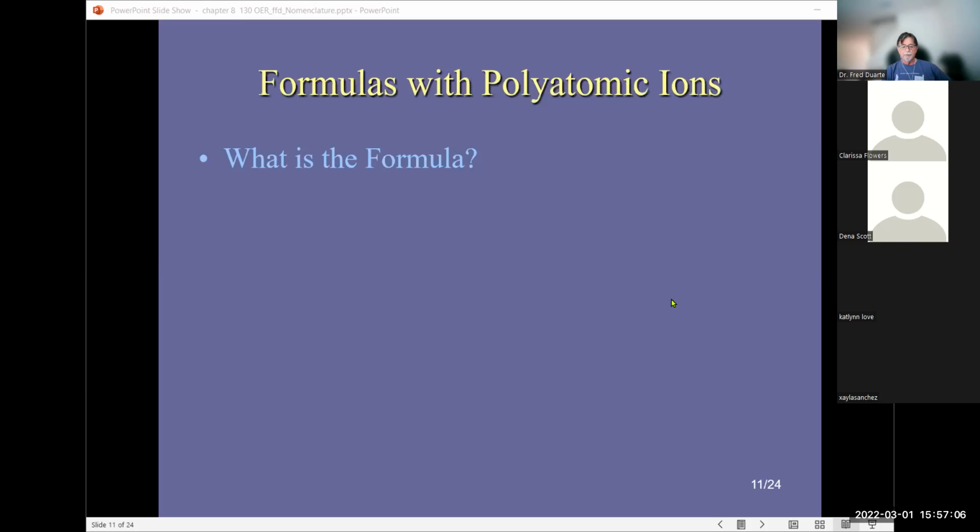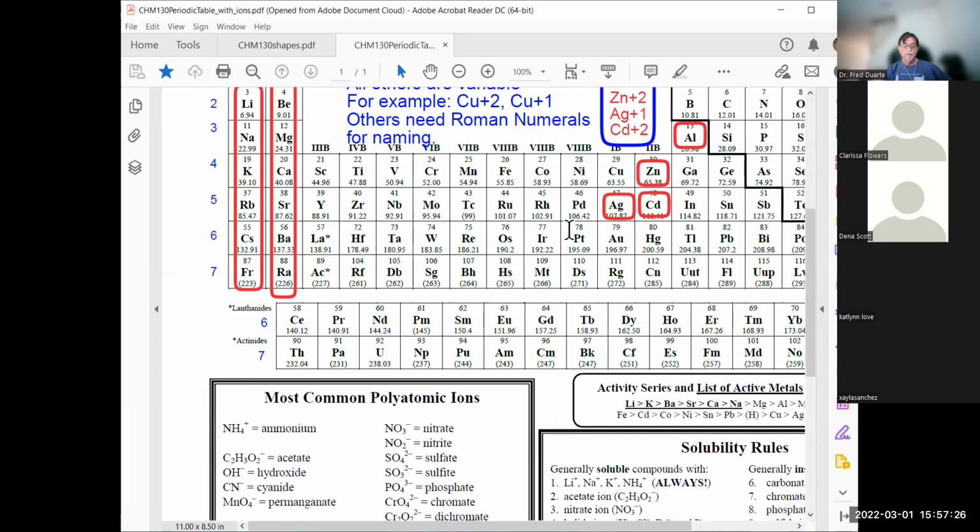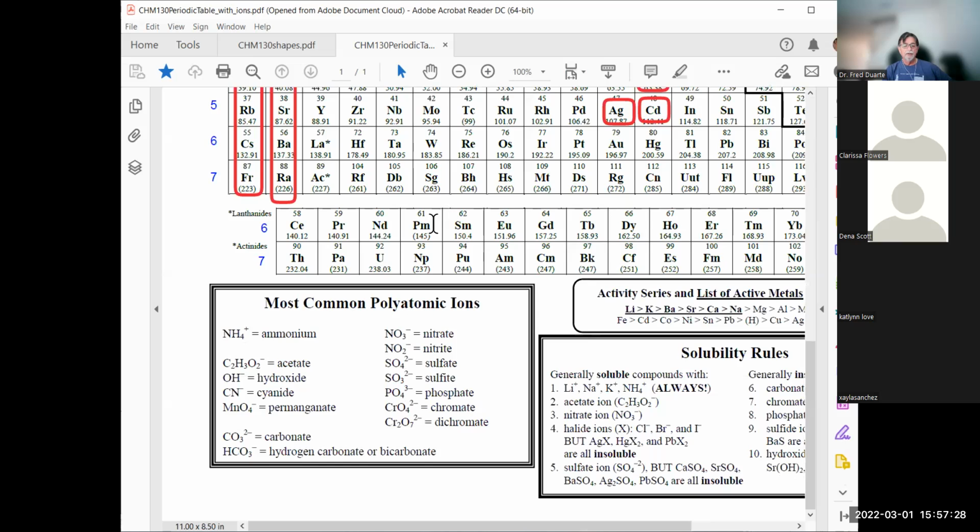Okay, now here we're dealing with the polyatomic ions. We're going to combine magnesium and OH, which, if you look that up on the table, zoom it up a little bit, OH negative is down here.